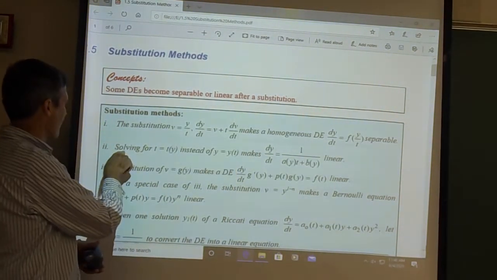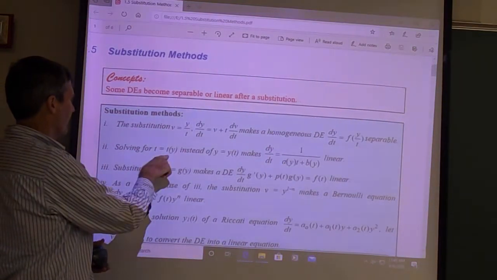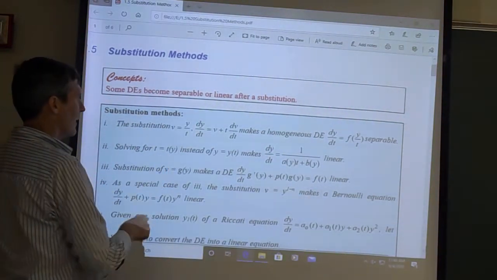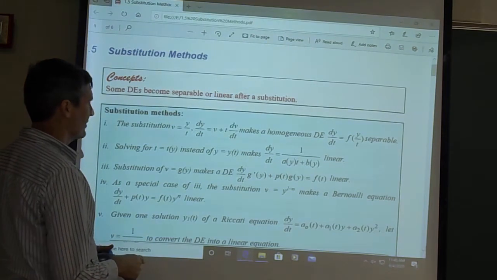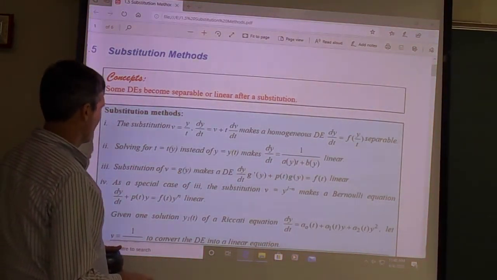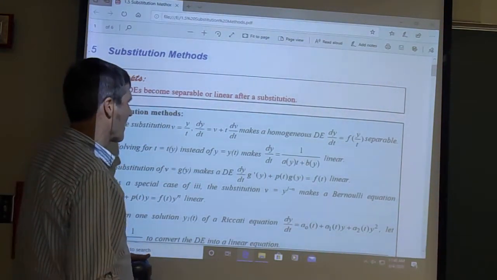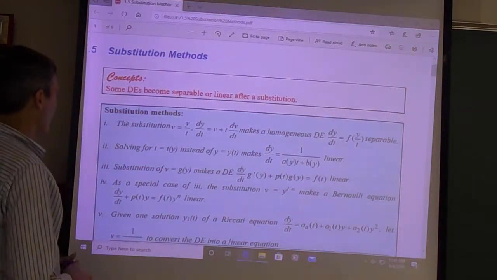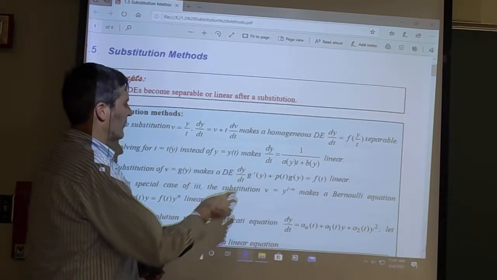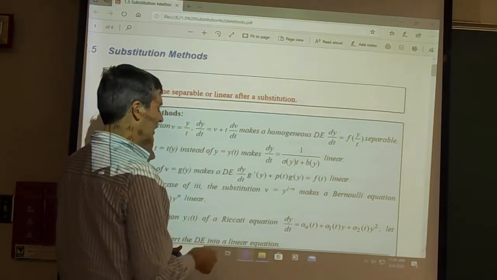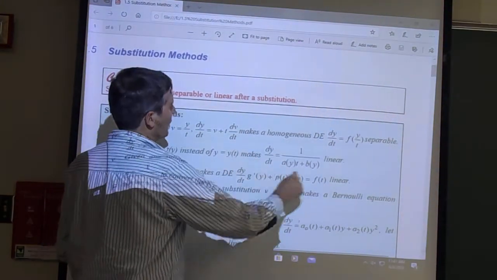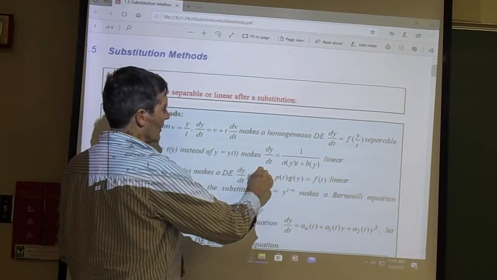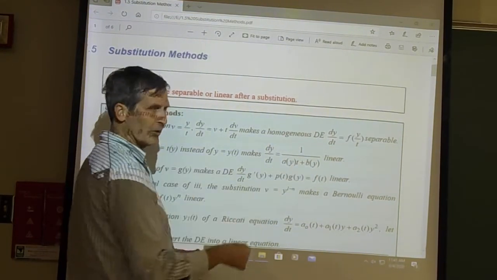Now, in some equations, if instead of writing dy/dt, you have an equation of this form, this looks terrible, doesn't it? We don't have any method for that.